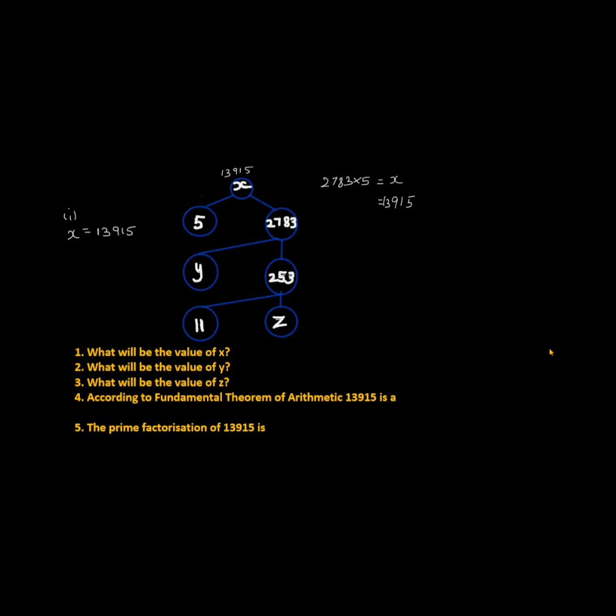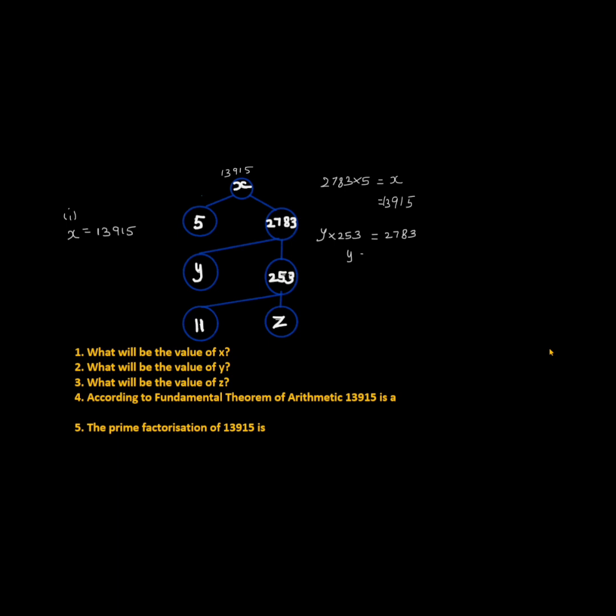13,915's factors are 5 and 2,783. 5 is a prime number, but 2,783 is not a prime number. Once again, we can calculate the factors. y and 253, and y into 253 we will get 2,783.